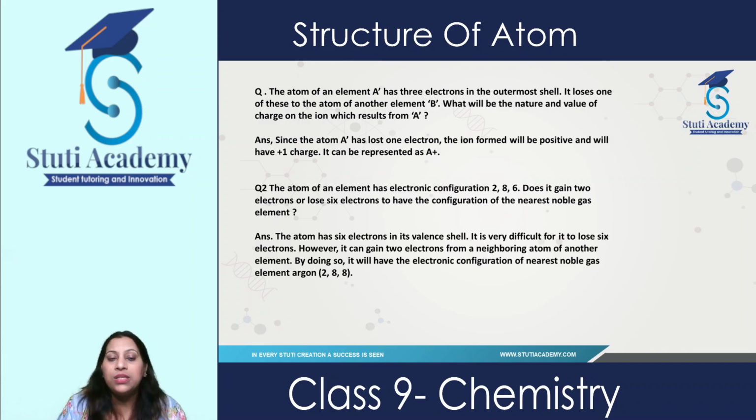Now, there are certain questions which can come in the exam, like: an atom of an element A has 3 electrons in its outermost shell. It loses one of these to the atom of another element. What will be the nature and value of charge on the ion which results from A? So these kinds of questions are totally based on the electronic configuration of the atom.